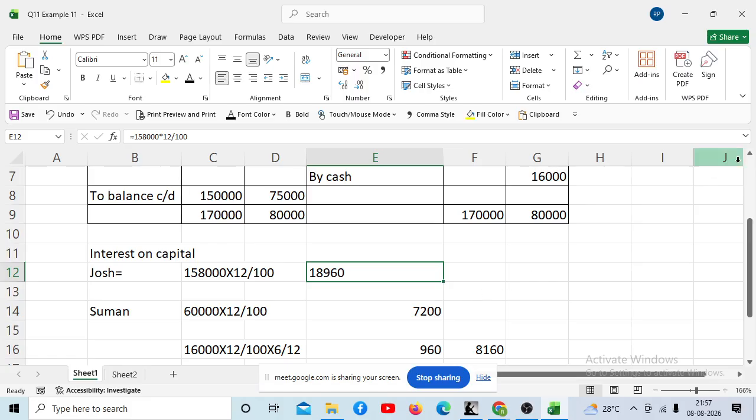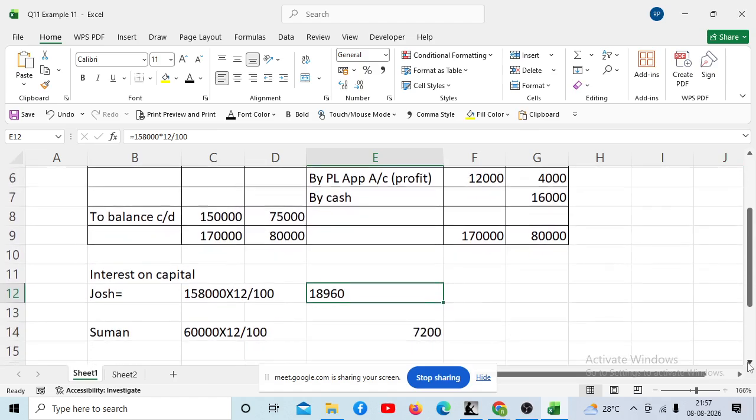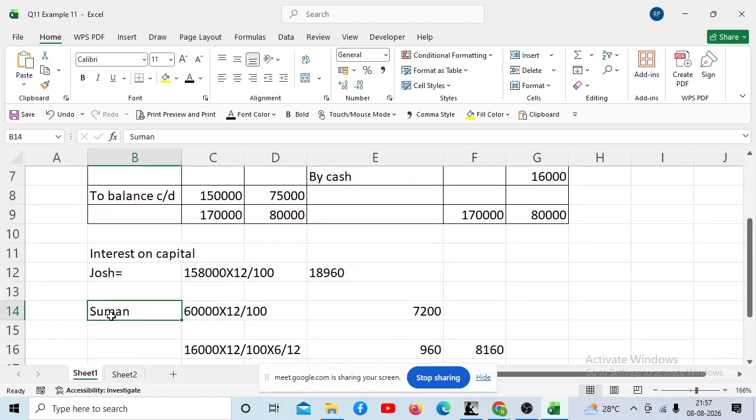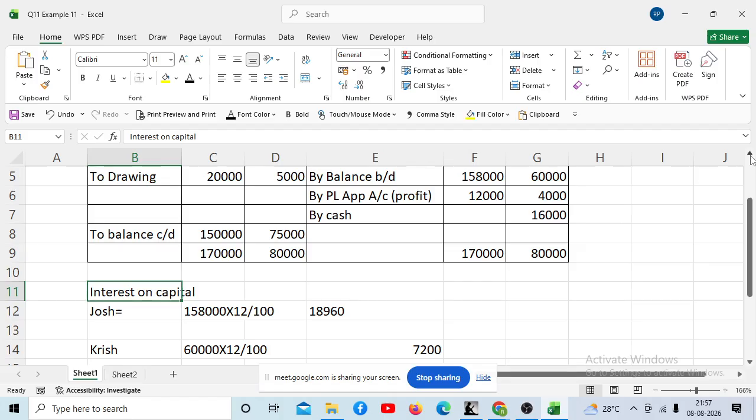Sorry, I had not changed the name, I suppose. Josh and Krish it is, right? The second partner is Krish. Okay, so for Krish the opening capital is 60,000, right? So first we will calculate it on 60,000, 12%, which comes to 7,200.